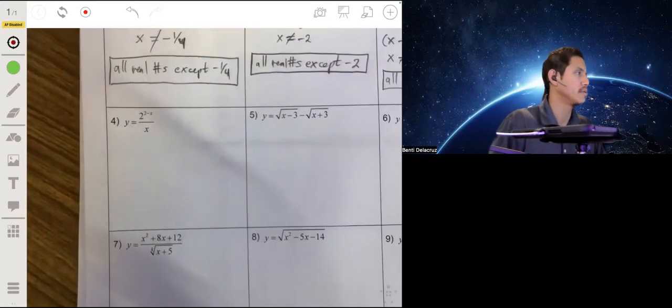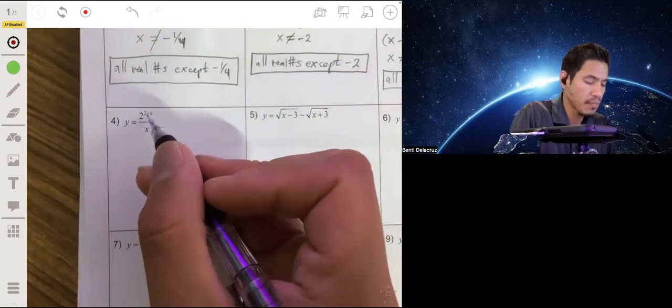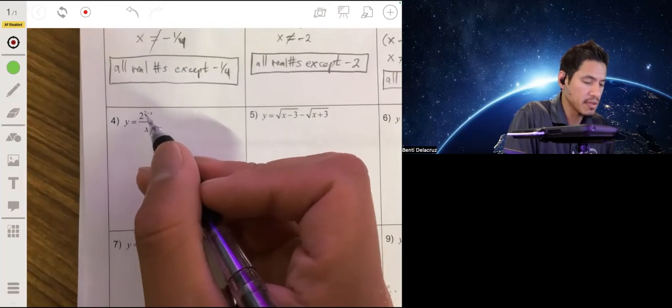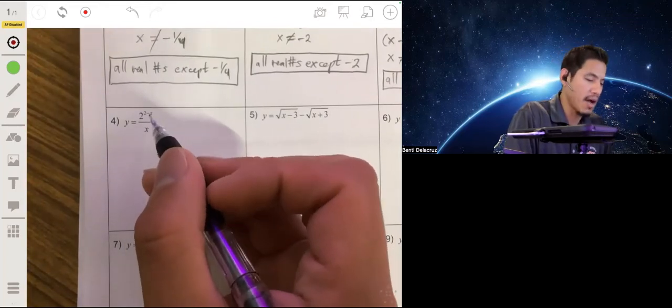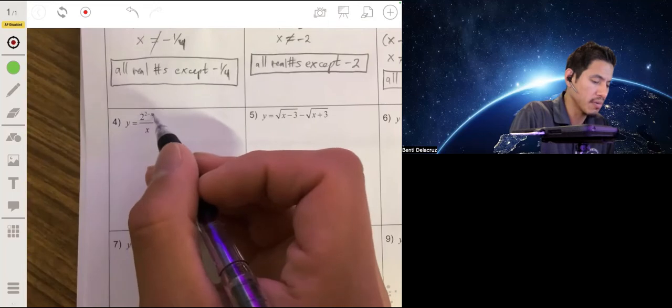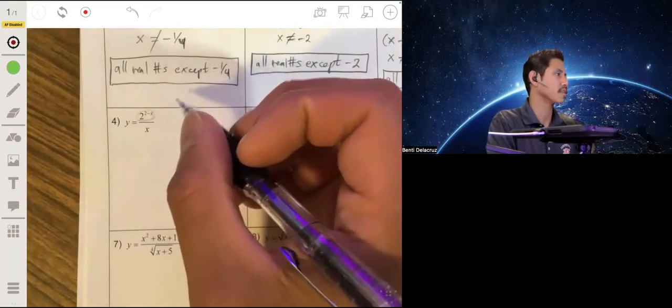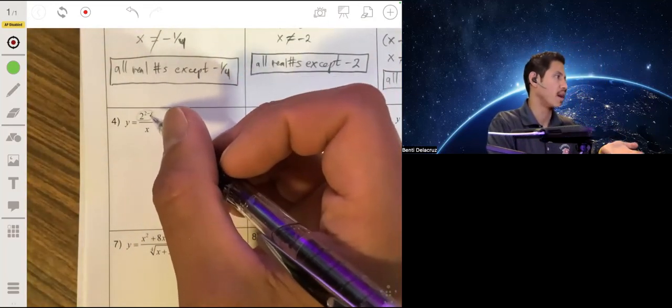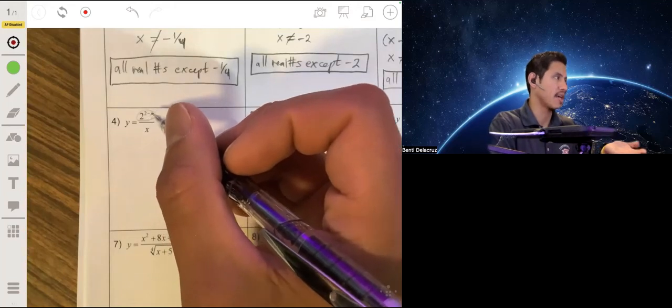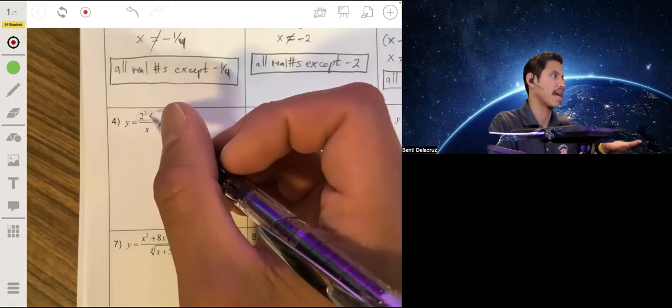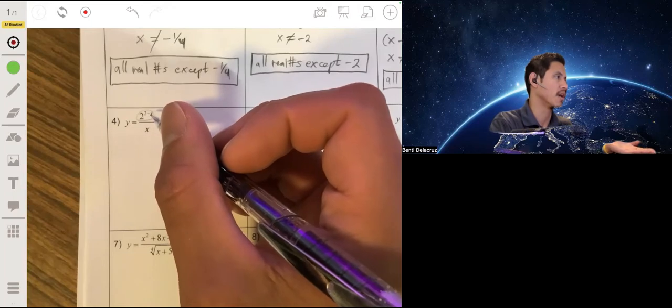All right, number 4. Okay, so we have y equals 2 to the 2 minus x, over x. Now, don't let this expression fool you, because you can actually take a number and raise it to any positive or negative number, and it doesn't actually matter.